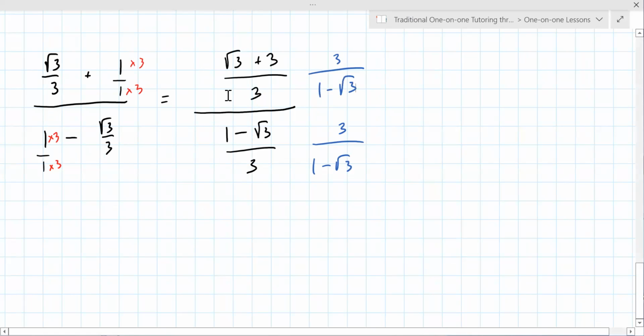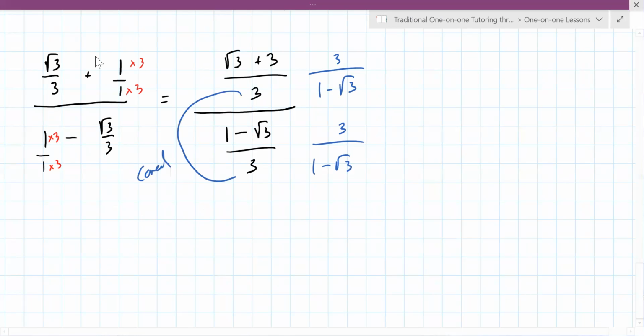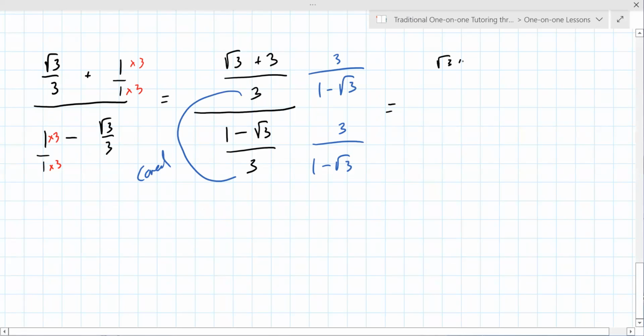If you have something on the bottom, but they're the same, you can cancel these. You don't have to show this multiplication by the reciprocal, but it's already done here. So here's where we're at. It's root 3 plus 3 from the top left over 1 minus root 3 from the bottom right. And then obviously on the bottom here, these all cancel.